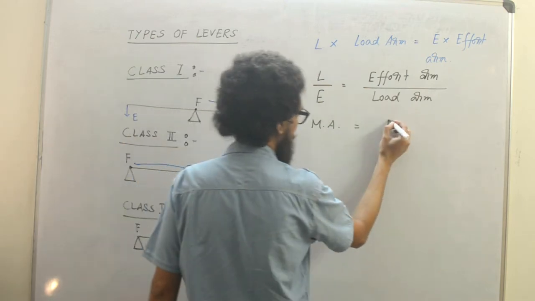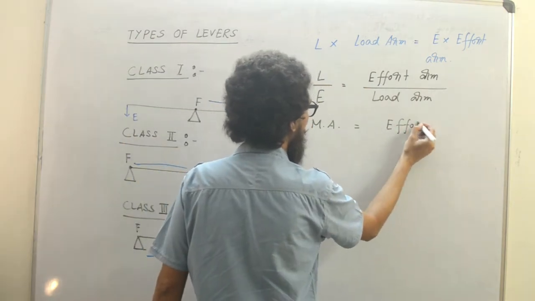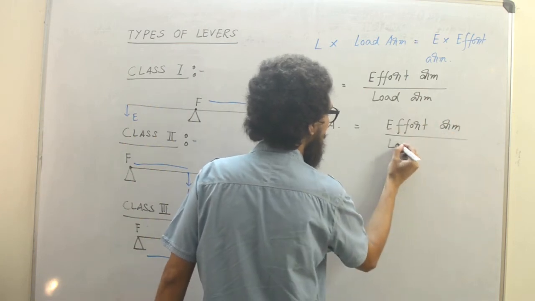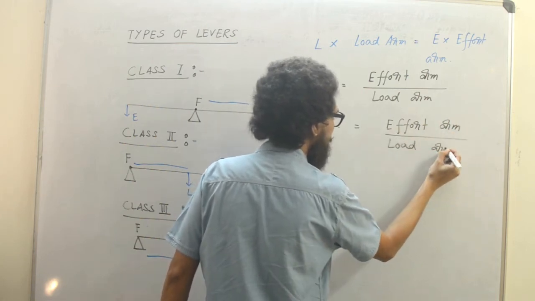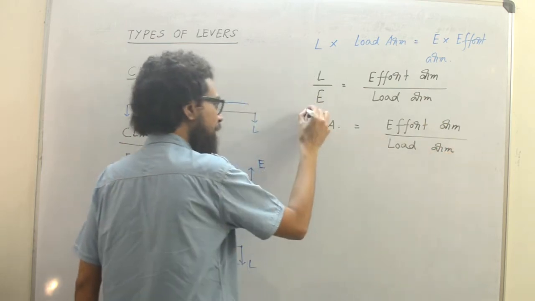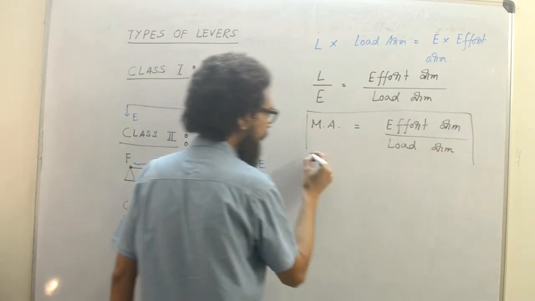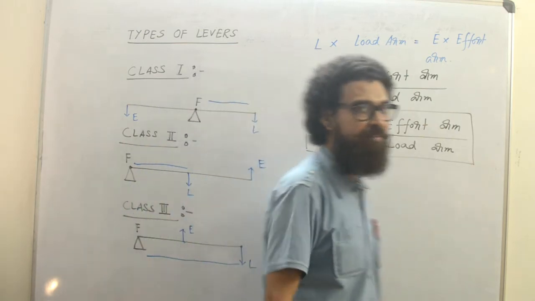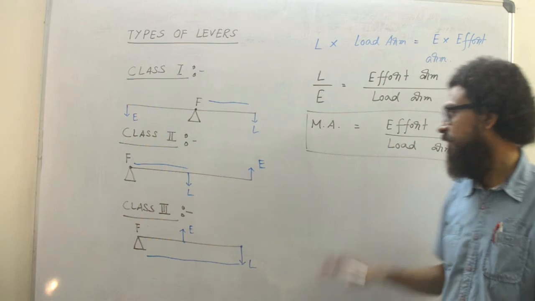So you can write MA is equal to effort arm by load arm. So we have got the expression of mechanical advantage for levers, a generalized expression.